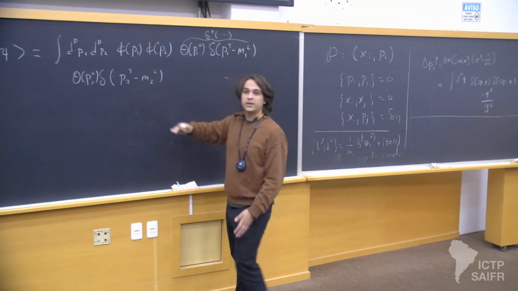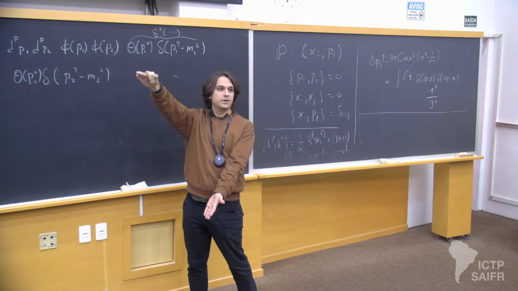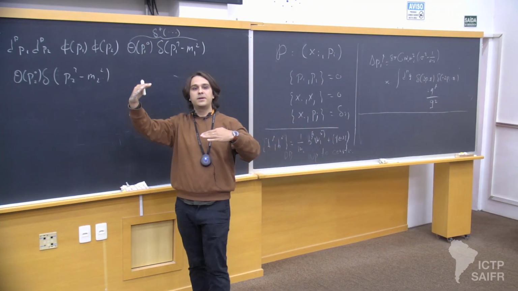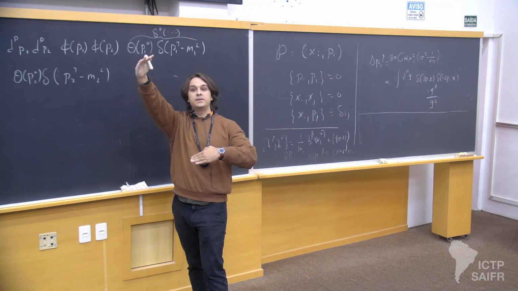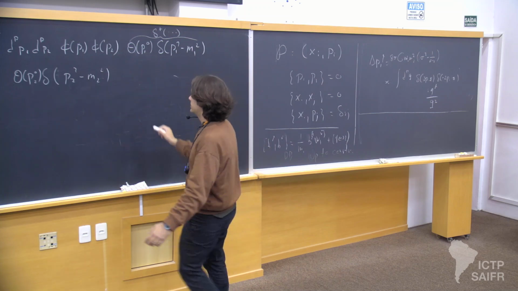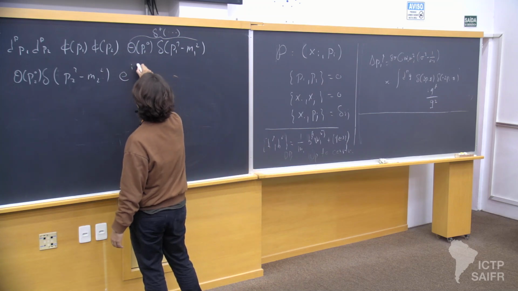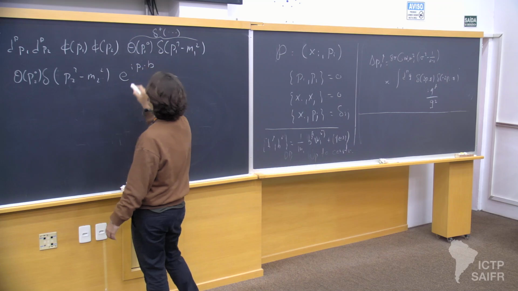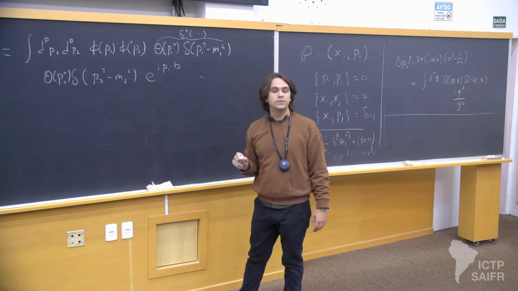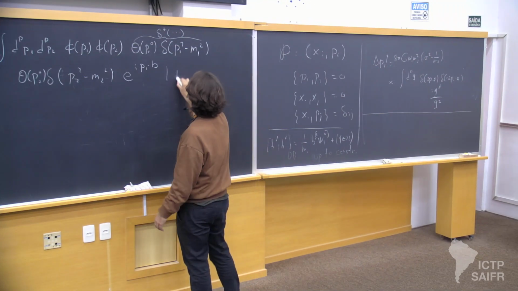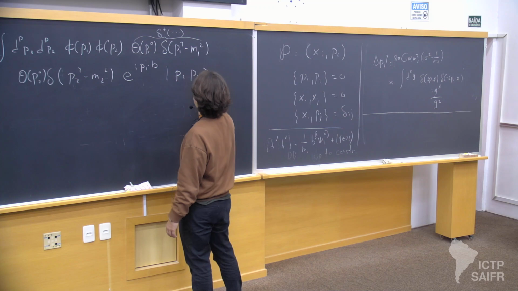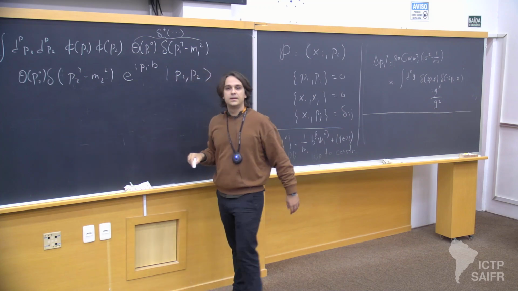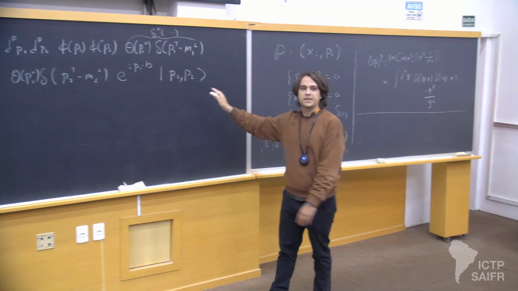And I want these two particles to be separated by this impact parameter. Remember, we wanted to scatter these two particles, but we wanted them to be separated by some distance b. So I just need to add a phase, saying that p1 is translated by an amount b compared to p2. And then here I just have the usual two-particle state |p1, p2> in the theory. Let's just take them to be scalars.